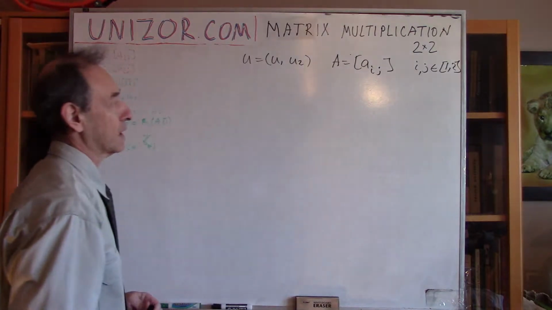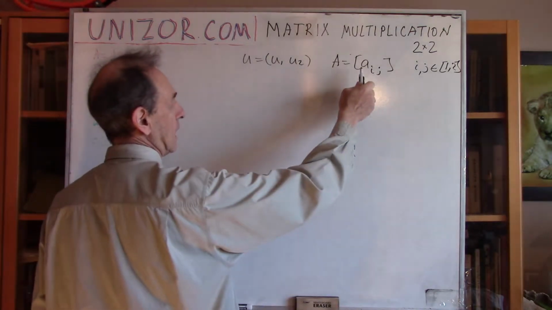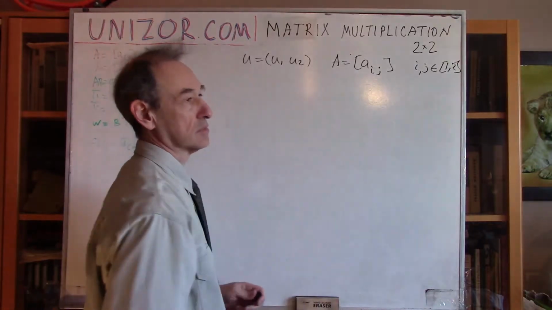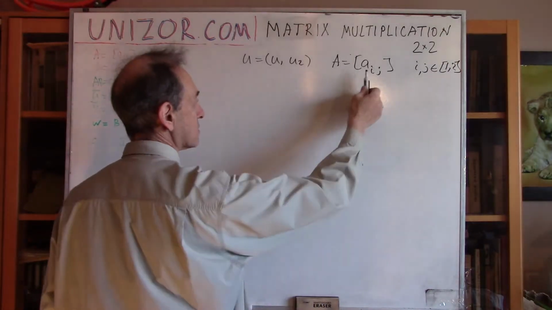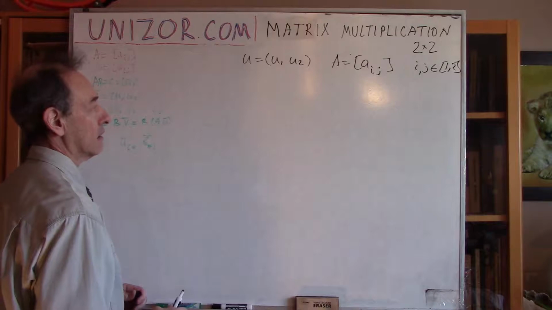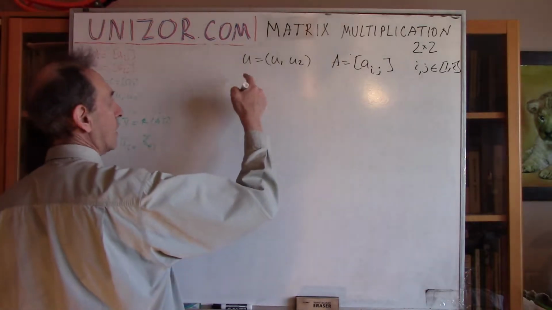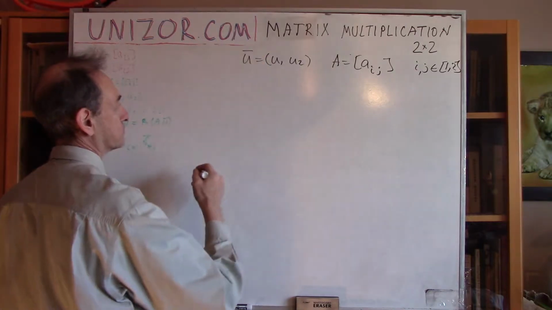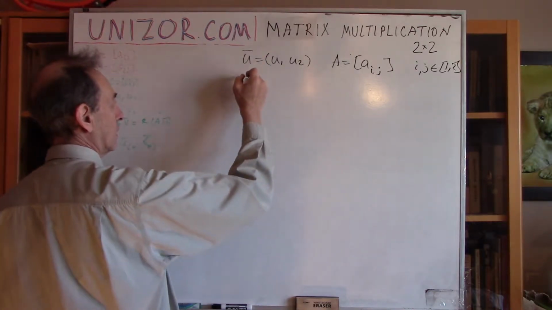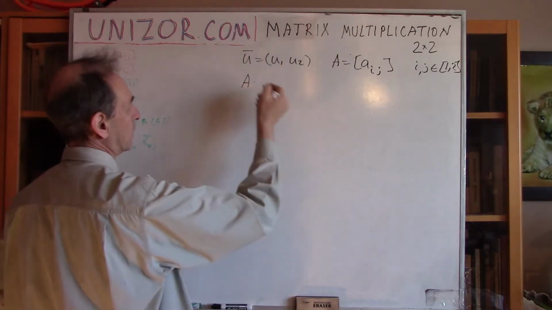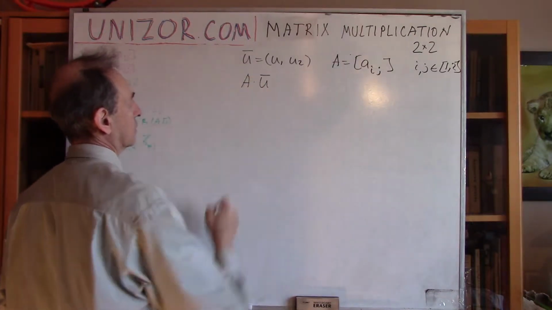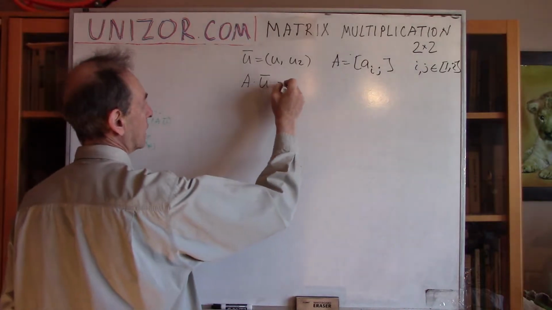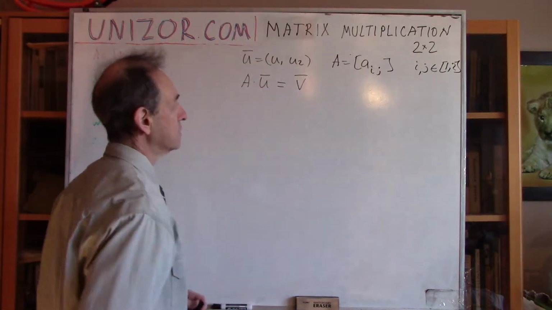So it's a 2x2 matrix: A11, A12, A21, A22. That's how these elements of the matrix A are located. Now, we apply matrix A to the vector u, and I will multiply it on the left. It's more convenient for me. And I will get the vector v.